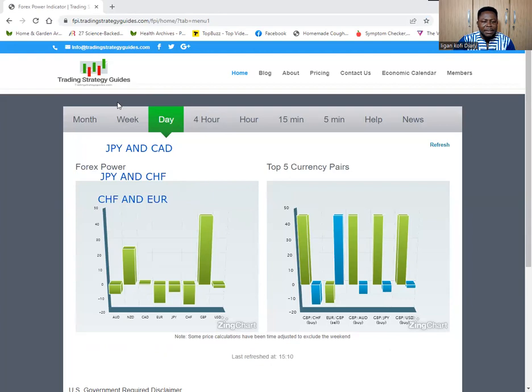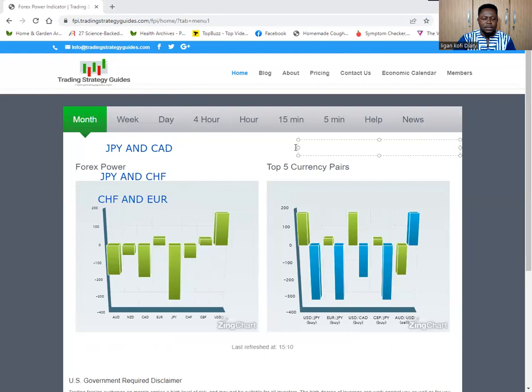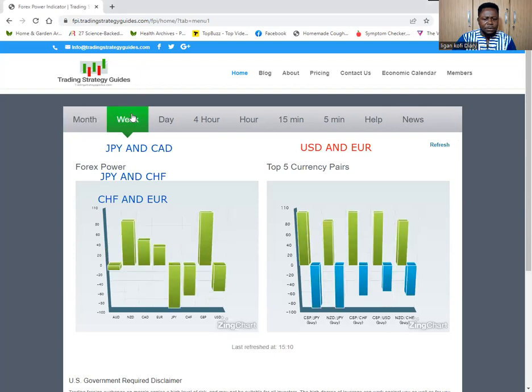So we go back to the monthly, and then we choose the stronger currencies. So the stronger currencies, we have USD and Euro. That's on the monthly. And then on the weekly, we have GBP and NZD.